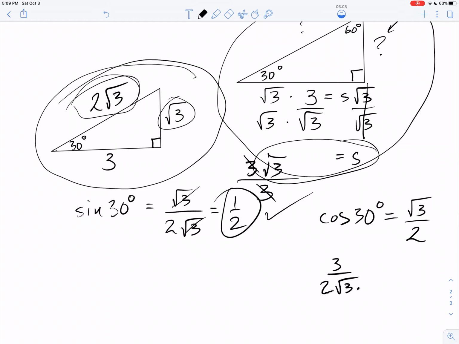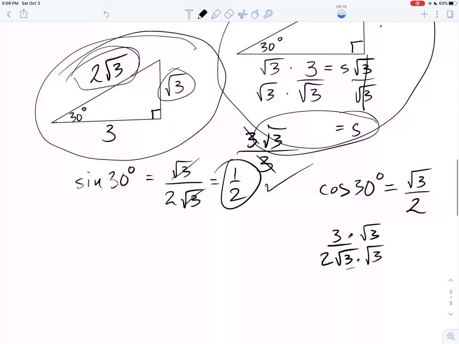There's a rad 3 there, and on the bottom, I would have rad 3 times rad 3. That's rad 9, which is 3. So I have 2 times 3 in the bottom, that's 6, and then I have a 3 rad 3. And then 3 goes into 6 twice. There it is.